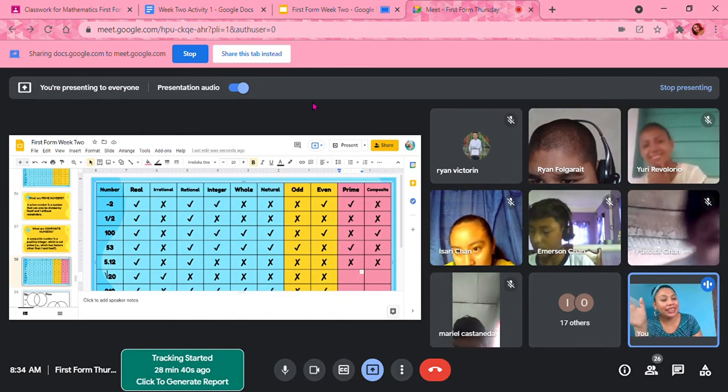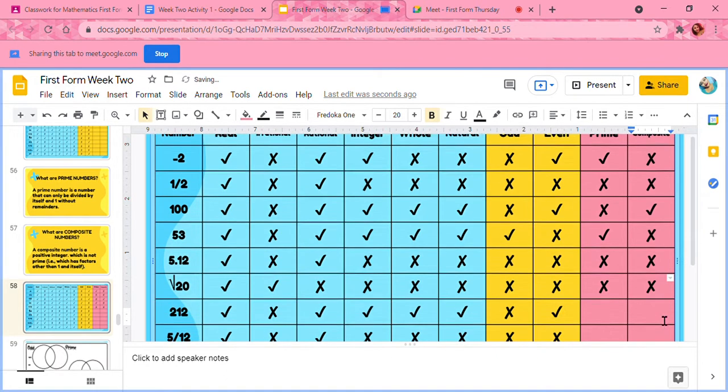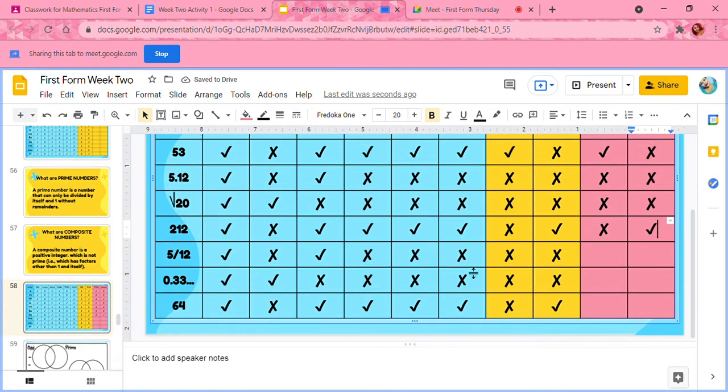The square root of 20 is none of them. 212, prime or composite? Composite. Very good. 5/12? None of them. Very good.